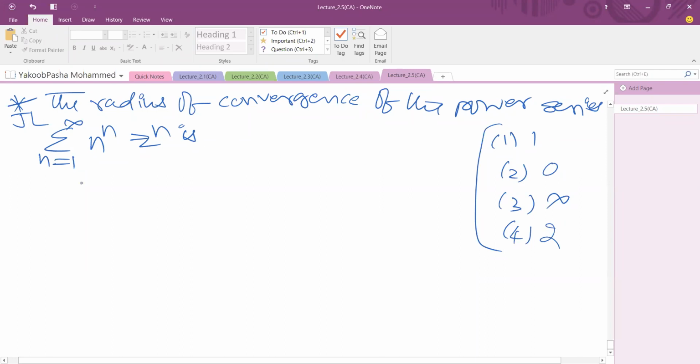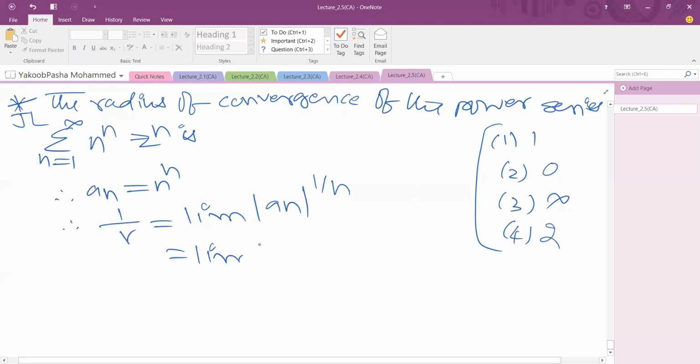First, the coefficient an is equal to n power n. The radius of convergence, 1 by r, is equal to limit modulus of an power 1 by n. This is equal to limit of n power n whole to the power of 1 by n. So n will be cancelled.